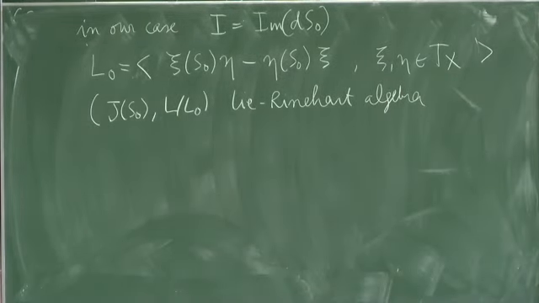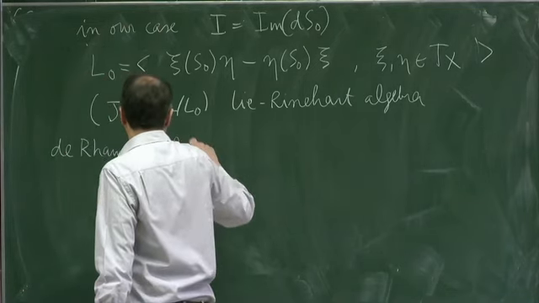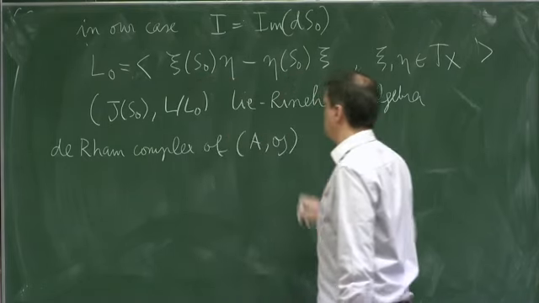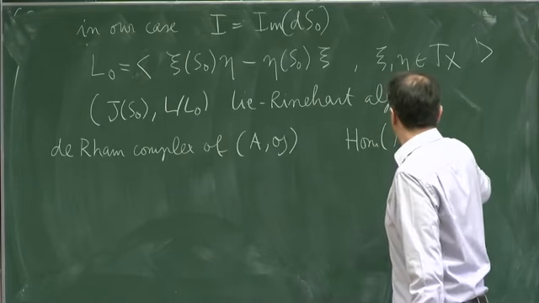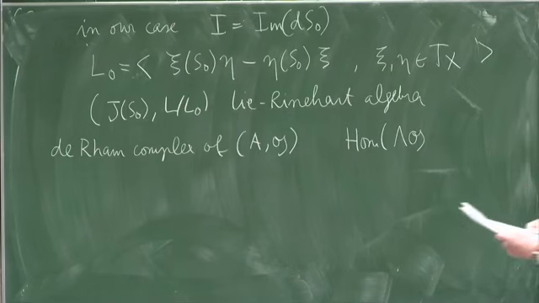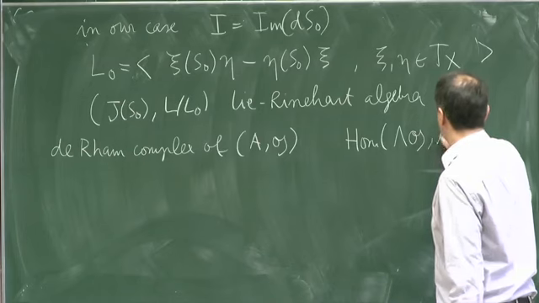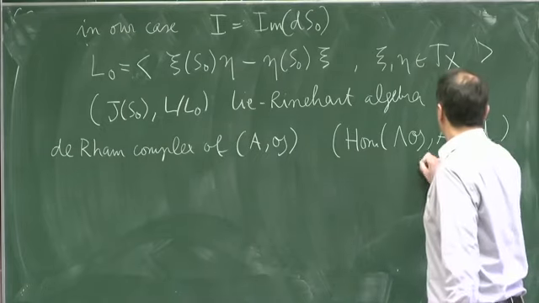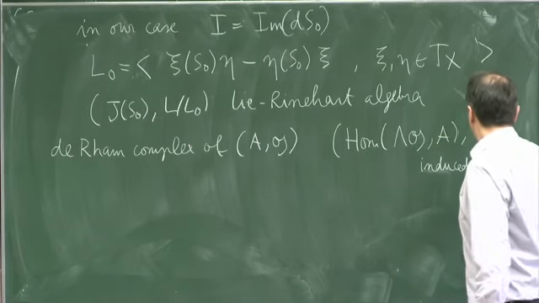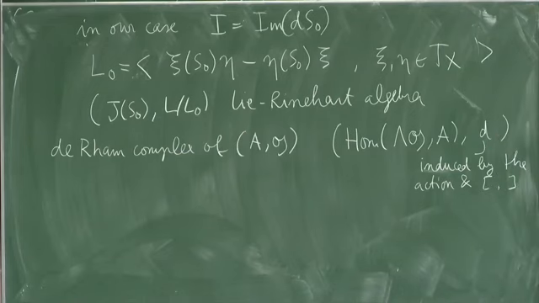And then to a Lie-Rinehart algebra there is also the de Rham complex, or Chevalley-Eilenberg complex. It is Hom of wedge G, A, or something, I always forget, with values in A, with some differential, and the differential is induced by the action of G and the bracket, some kind of natural A-linear form.